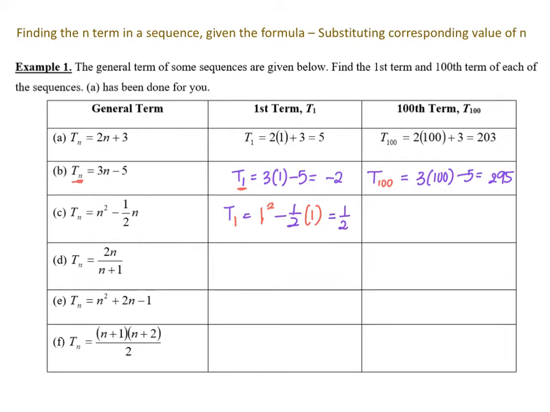How about T100? T100 will be substituting 100, so 100 squared minus half times 100. And that gives me the number 9950. Now we'd like you to try the following questions over here and then come back to check the answers.